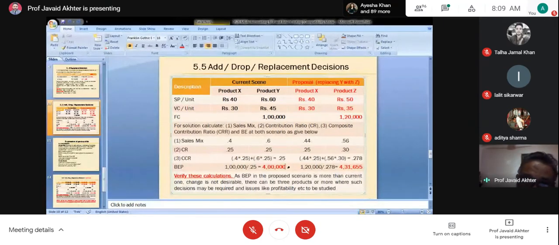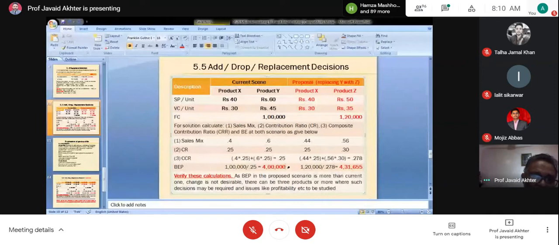This I must have told you at least 20-30 times. Out of 95 of you present here, can even one not tell me what was the last assumption? The constant sales mix. Sir, in case of a firm producing more than one product, sales mix remains constant.